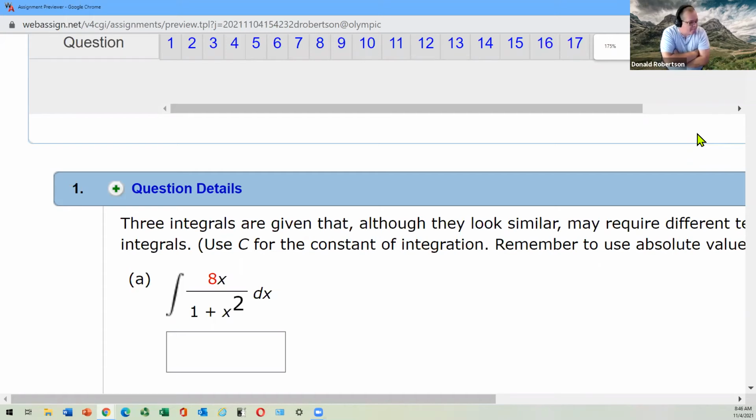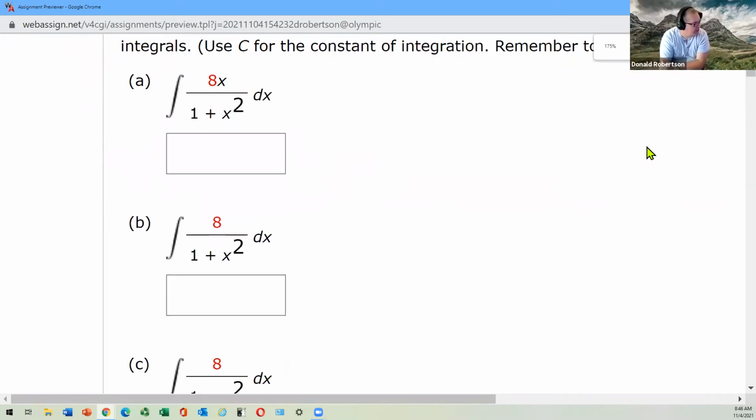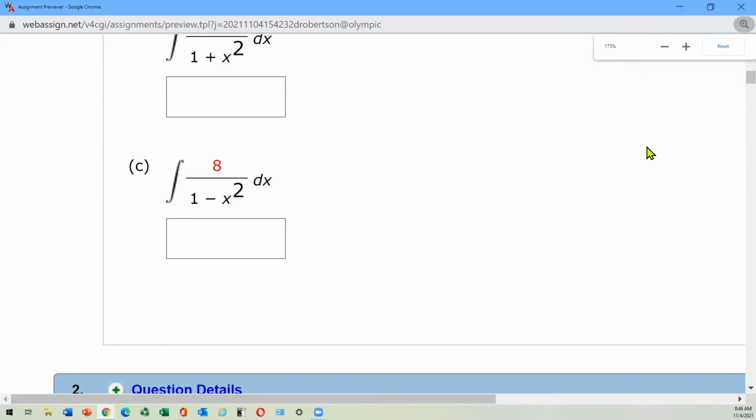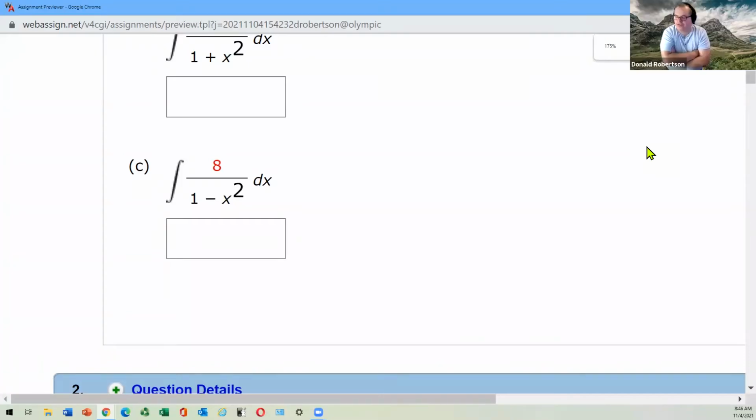What method? Substitution. Agreed. What would your U-sub be? 1 plus x squared. Okay. C. That's memorized, right? Isn't that one of the sines or tangents or something? If there was a square root in it, you would be right, but it's not.